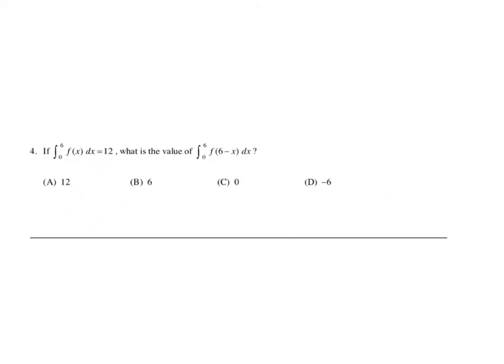On this problem, so we're on problem number 4. Where are my answers? On problem number 4, looks like the answer is going to be A. So if I treat this in a similar way as before, for the first part we know the integral from 0 to 6 is 12, so that would be big F of 6 minus big F of 0 is 12.